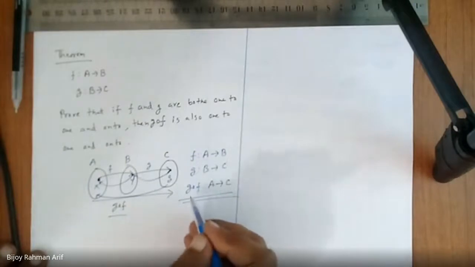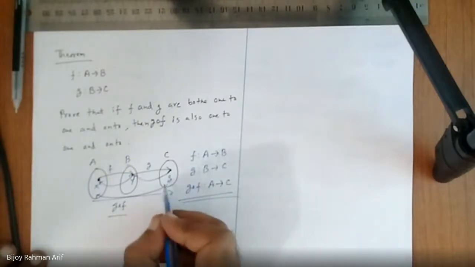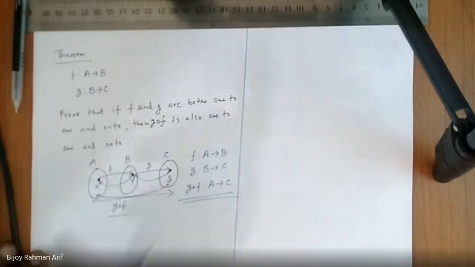That means in case of composition, any point in C, that is Z, is connected to only one point in A, that is X. Did you get it? Yes, sir.